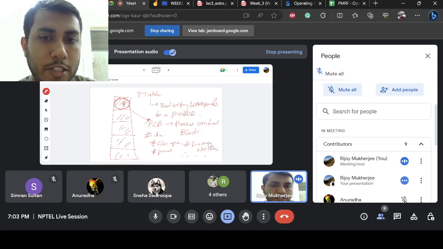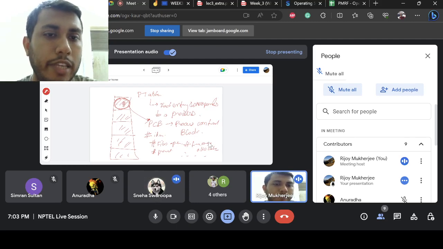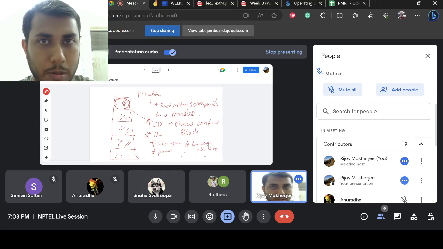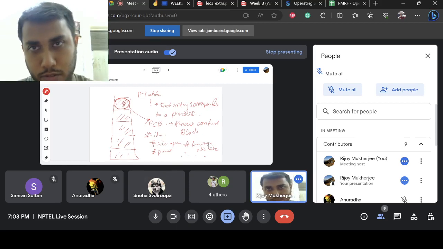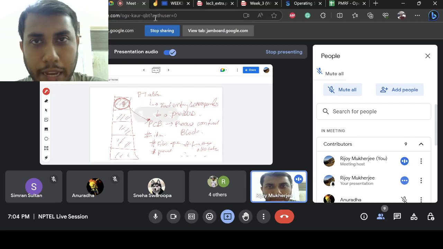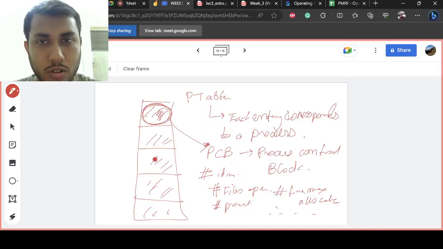But those kind of things, like where the heap is located, are present in your U area, and that is then connected to your P table. I haven't seen the term U area here, but I will say that you go back and read it. So there is this thing called P table and U area.